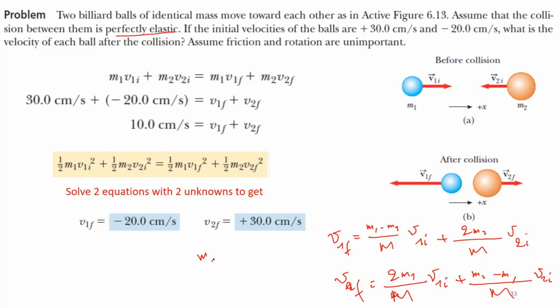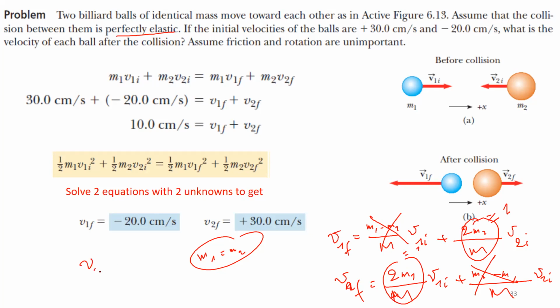When M1 is equal to M2, like with these billiard balls, they will just swap the velocities. So when M1 is equal to M2, M1 minus M2 is 0, and M2 minus M1 is also 0. And 2M1 divided by total mass is equal to 1, and 2M2 divided by total mass is also equal to 1.